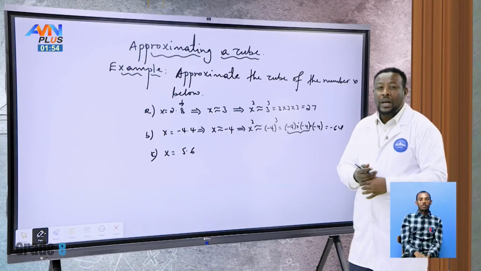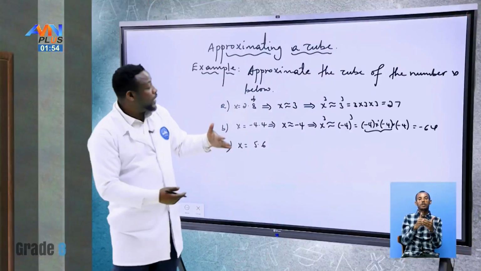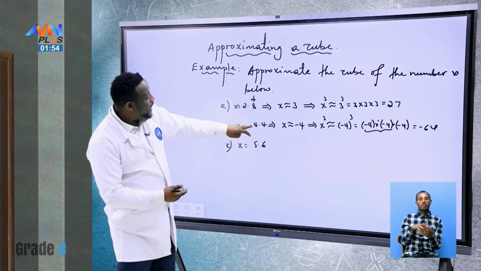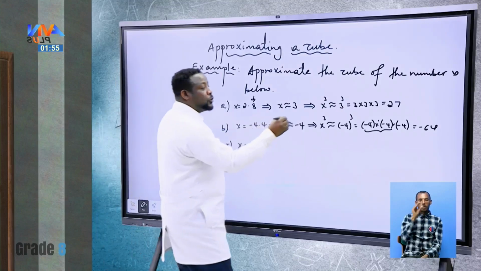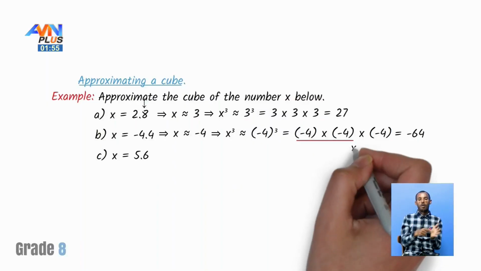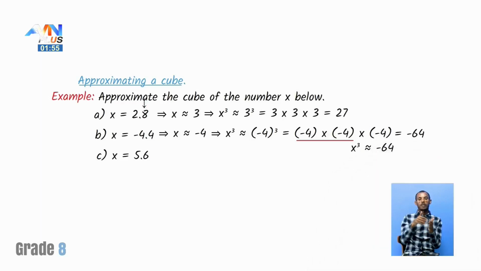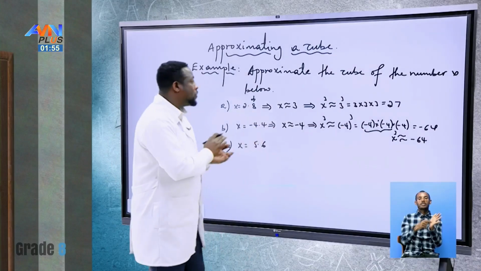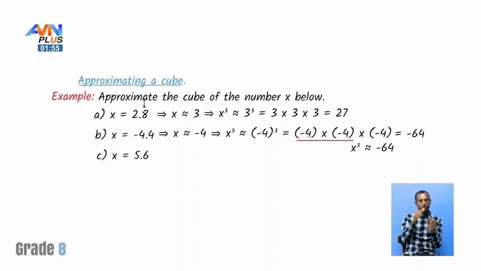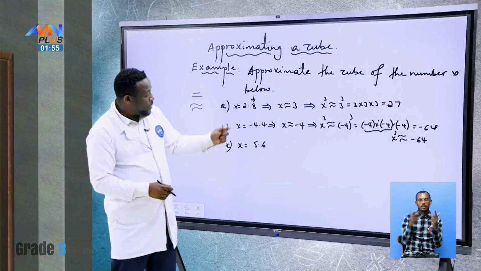Therefore, the approximation of the cube of minus 4.4 is negative 64, and you need to use this symbol: x cube is approximately negative 64. Don't forget to use this symbol. You all remember the symbol for approximation. This is equal, and this is approximate values. So this is the second part, or the B part.